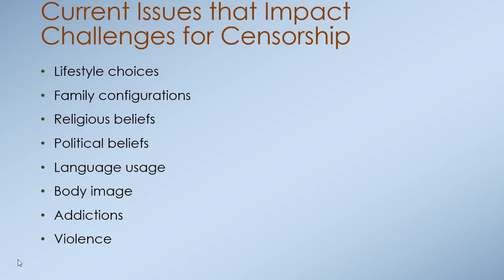Even at sixth grade, there are students who are beginning to either make their own decisions about lifestyle choices, or they are a part of lifestyle choices that their families have made. So we have to consider that.